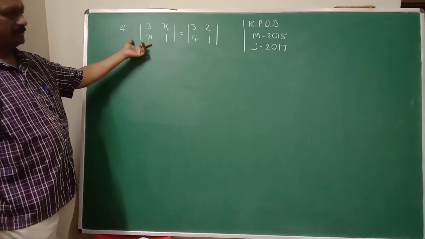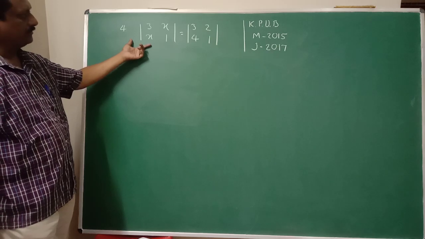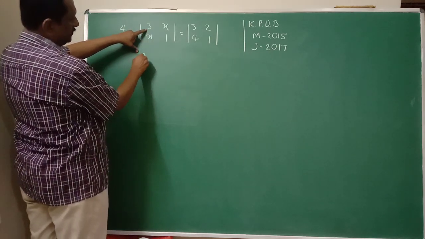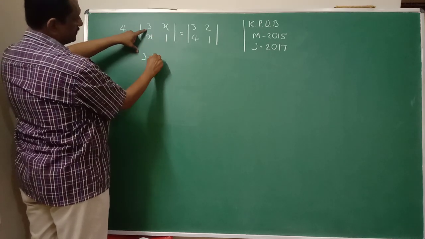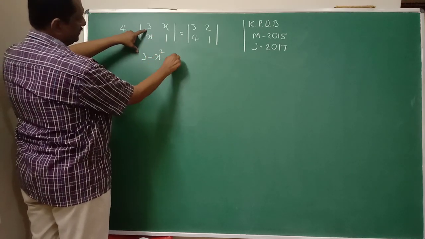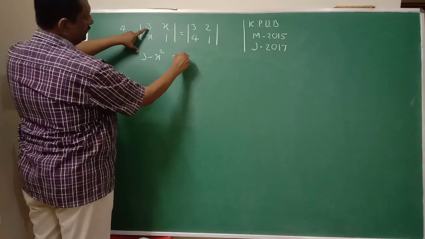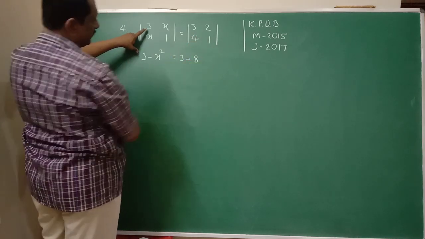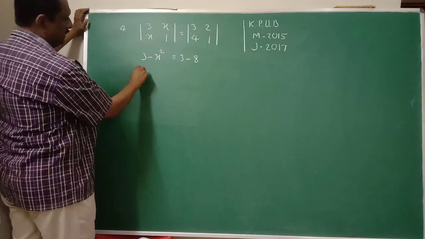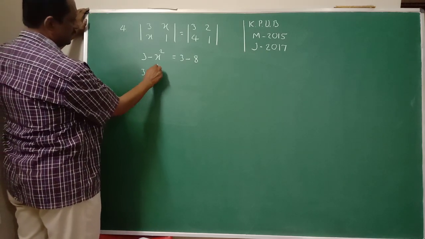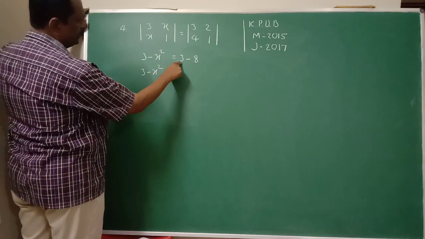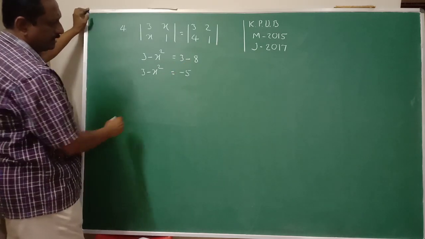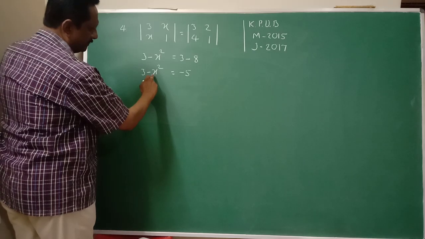So fourth example here, find the value of x. So 3 into 1 is 3 here. Then x into x square. 3 minus x square is equal to 3 into 1 becomes 3, minus 4 8s are 8 here. Therefore 3 minus x square is equal to 3 minus 8, which is minus 5. Take minus 5 this side, minus x square that side.